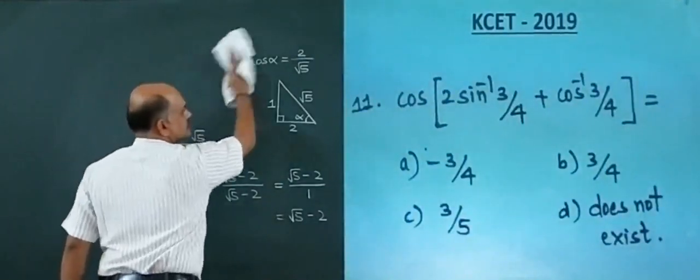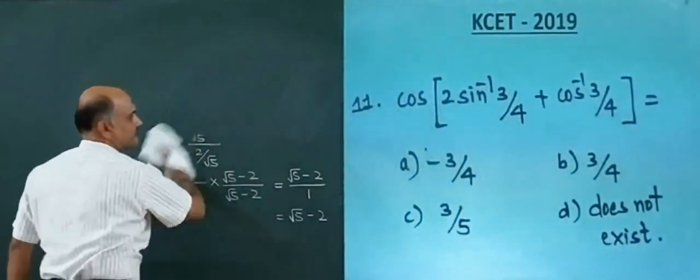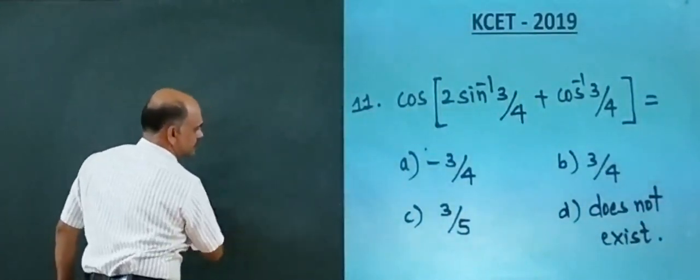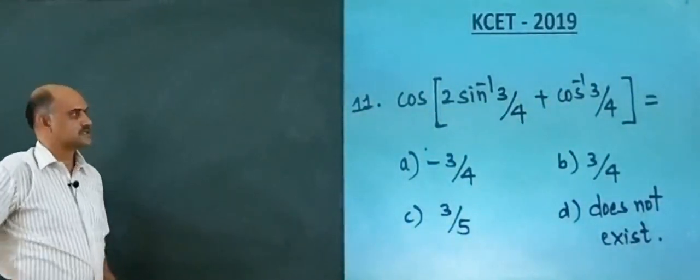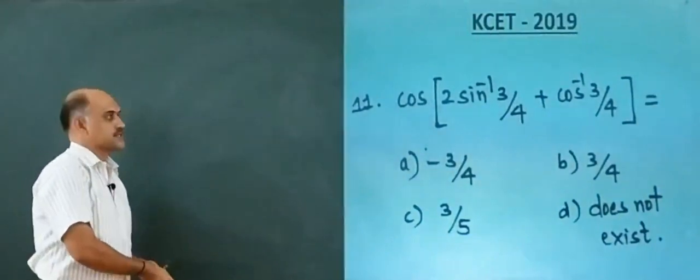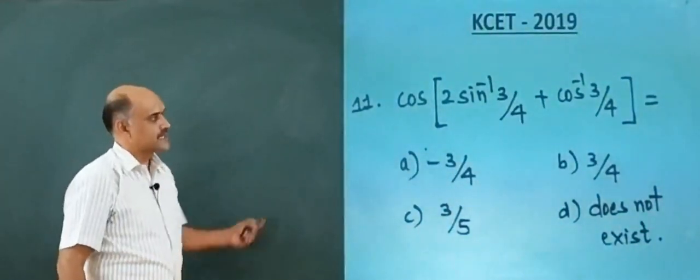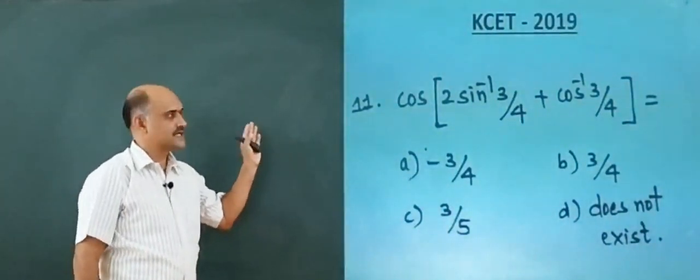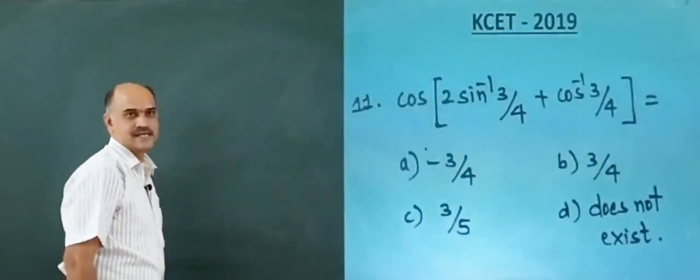cos of 2 sin inverse 3 by 4 plus cos inverse of 3 by 4. So in previous problems I had taken 2 sin inverse, I can write it as sin inverse plus sin inverse.